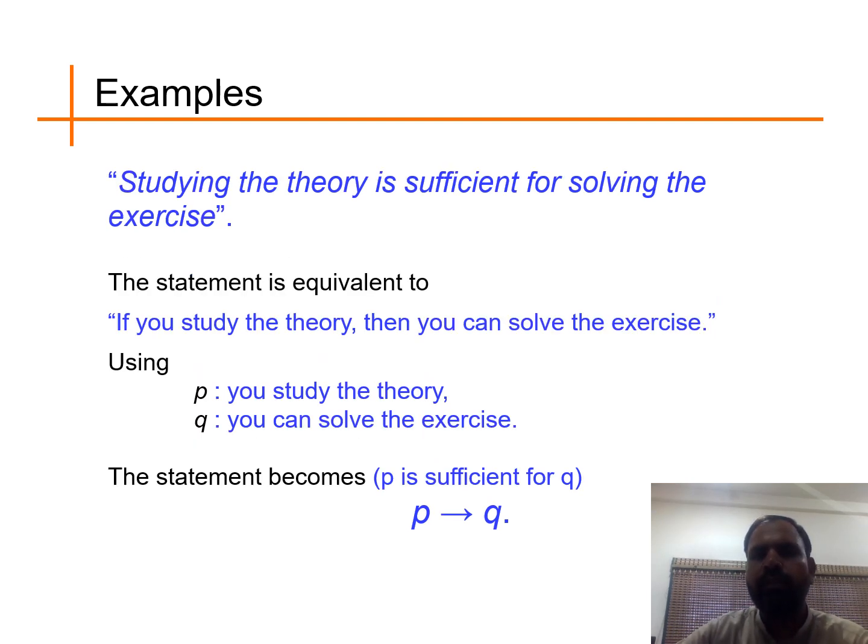studying the theory is sufficient for solving the exercise. The statement is equivalent to, if you study the theory, then you can solve the exercise. So in this example, if we use P for you study the theory and Q for you can solve the exercise, the statement becomes P is sufficient for Q. So we can easily write P implies Q. P implies Q means if you study the theory, then you can solve the exercise.